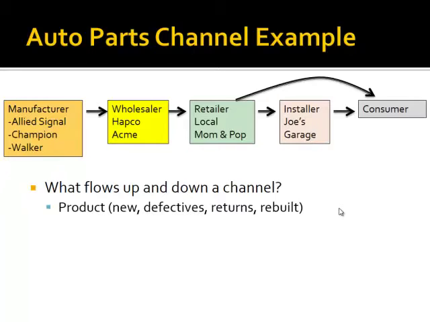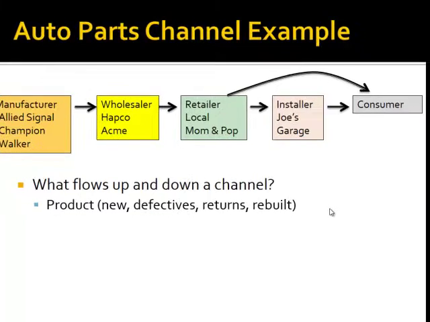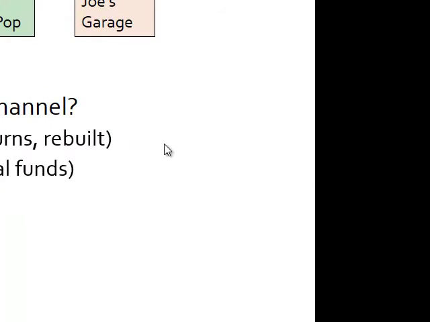And in the automotive industry and other industries, sometimes products that are no longer working can be rebuilt. So they are purchased by the installer or the retailer and then shipped back out to somebody who's going to rebuild them. So there's products moving in both directions.